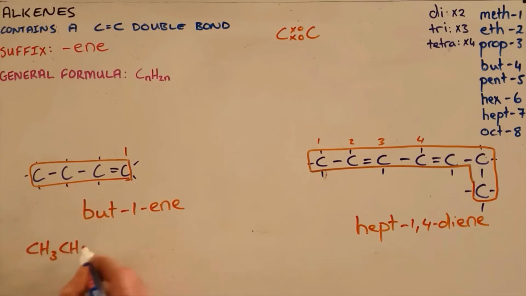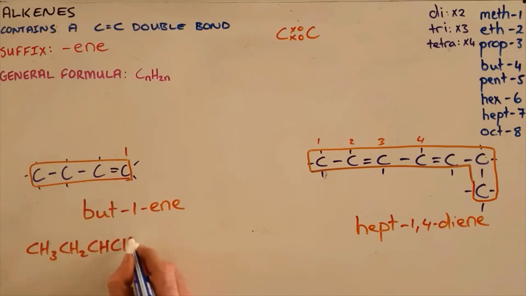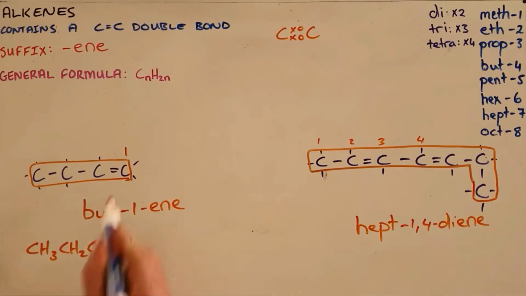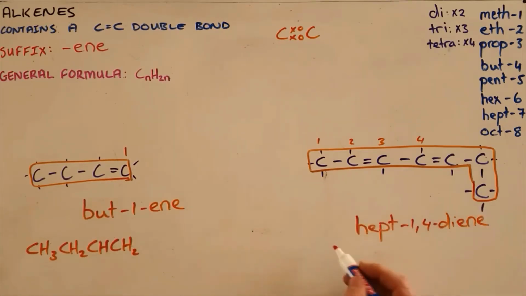This would be CH3, CH2, CH, followed by CH2. It would be up to the person reading this to see that each of these 2 carbons is 1 bond short, and therefore see that there is a double bond present there. And the same pattern here, where we say that this is CH3, CH, followed by a CH again.